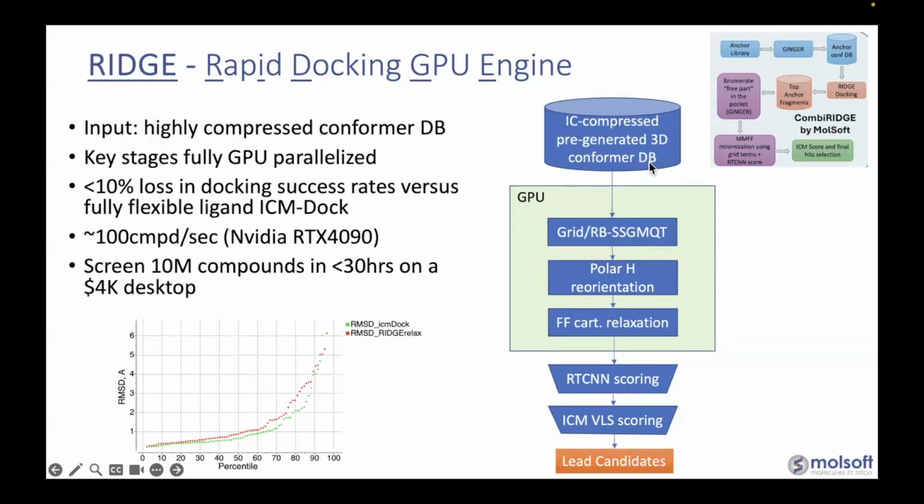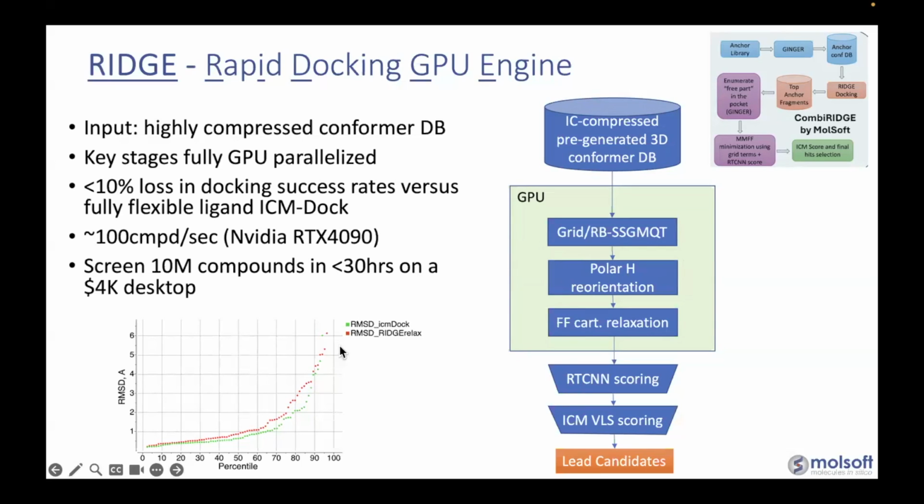We have the CPU block here, which manages the conformer databases and assigns charges. Then in the central part, we have the GPU block, which mainly handles the pose mining. And then there's a final step, which has the RTCNN scoring and the full atom physics-based scoring for enhanced accuracy.